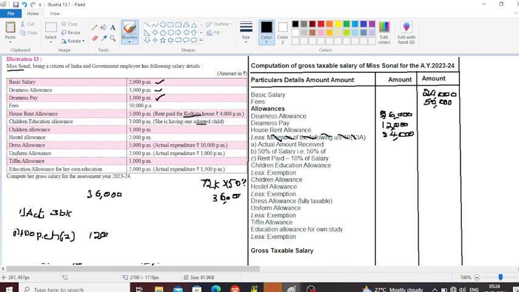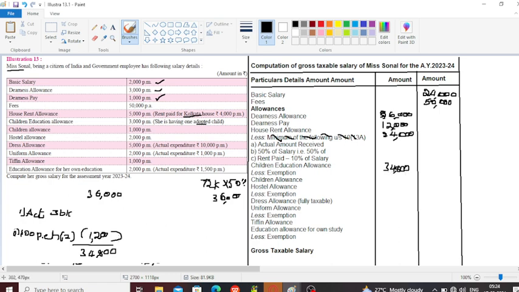Whichever is least will be deductible from 36,000. Here the least of these two is 1,200. If you subtract from 36,000, you will get 34,800. Let me write here, children education allowance 34,800 will be taxable.